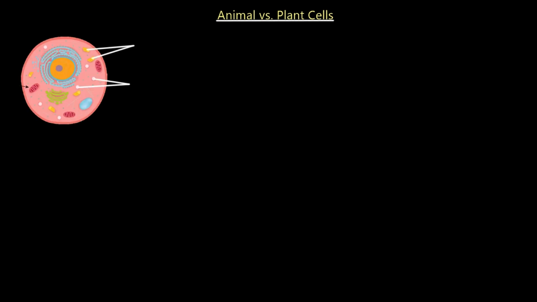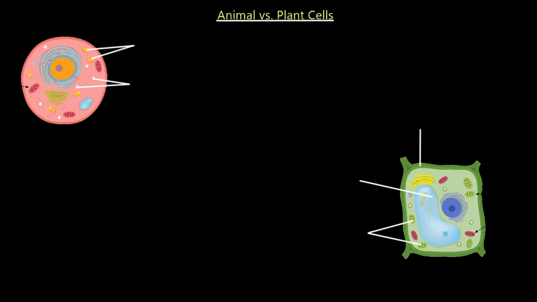Now, if we're considering a further breakdown of animal and plant cells, let's talk about the two different cells and decipher which structures are specific to each one. In terms of animal cells, we've seen this animal cell before. The lysosomes only exist on animal cells, not plant cells.